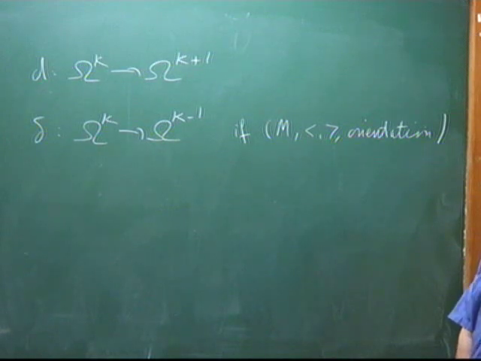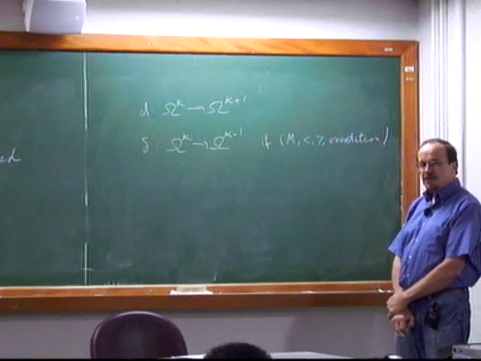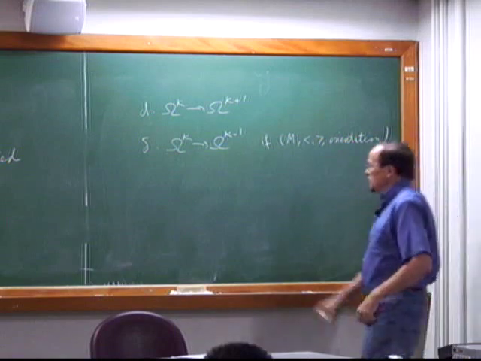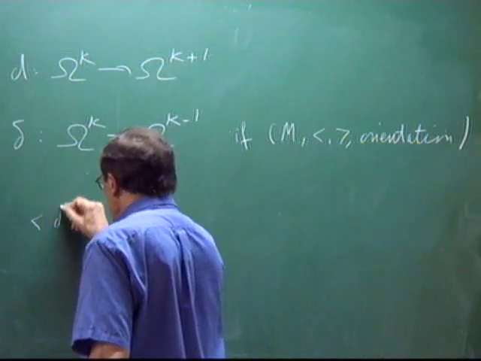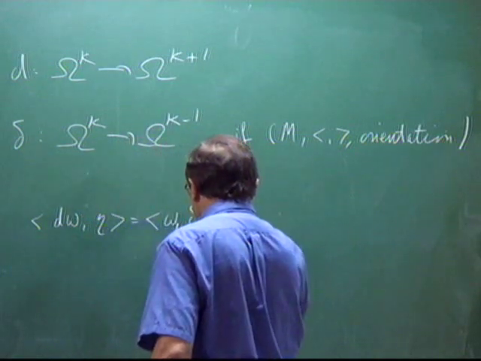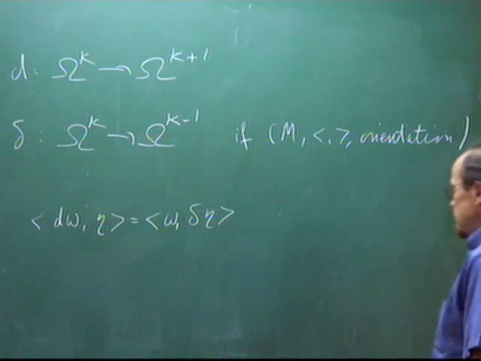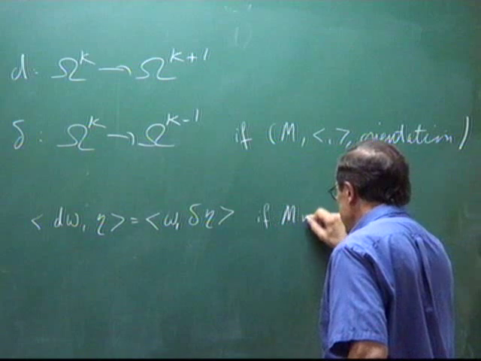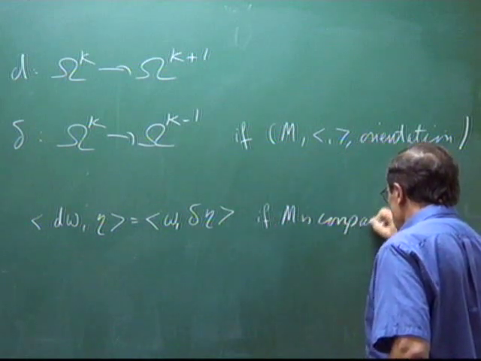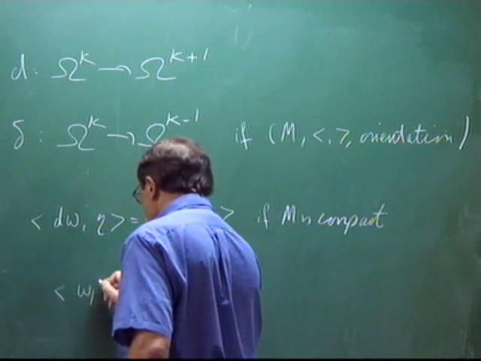There are several definitions. One is you can define it abstractly as some kind of dual of d. So I claim delta is a dual of d. So how do I do it? Just as a formula, it should mean something like this, if M is compact. I'll define it in a minute when M is not compact.